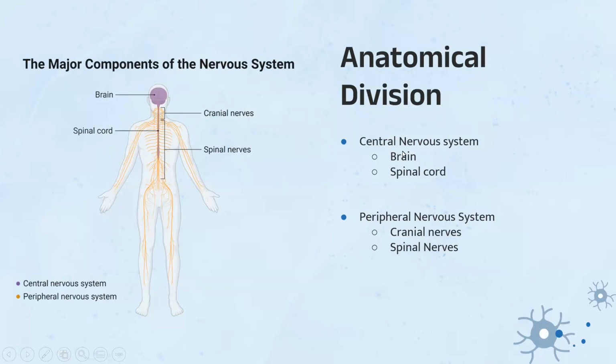So the peripheral nervous system is basically the link or the gateway between the central nervous system and the rest of the body.